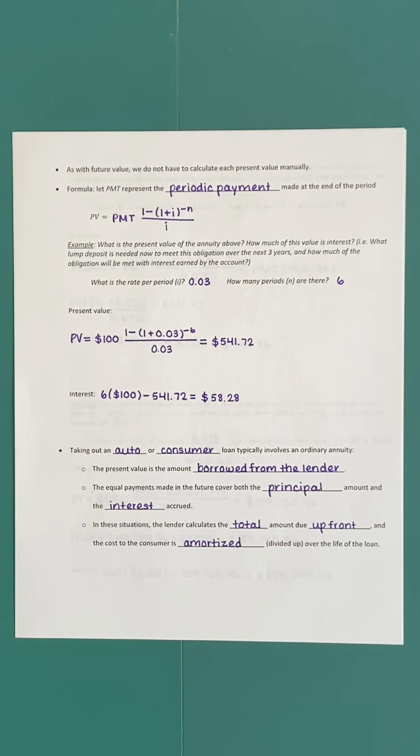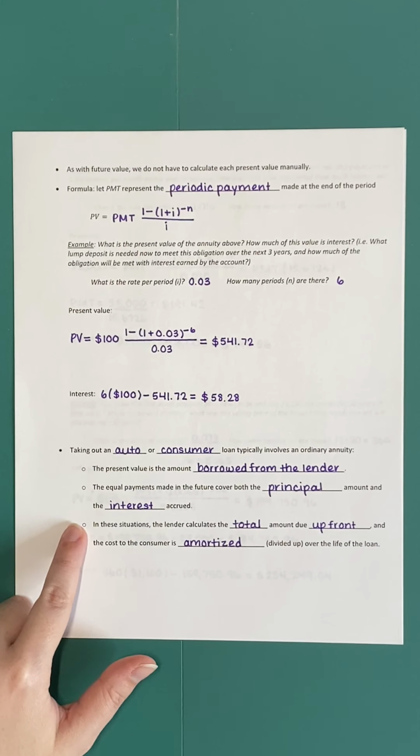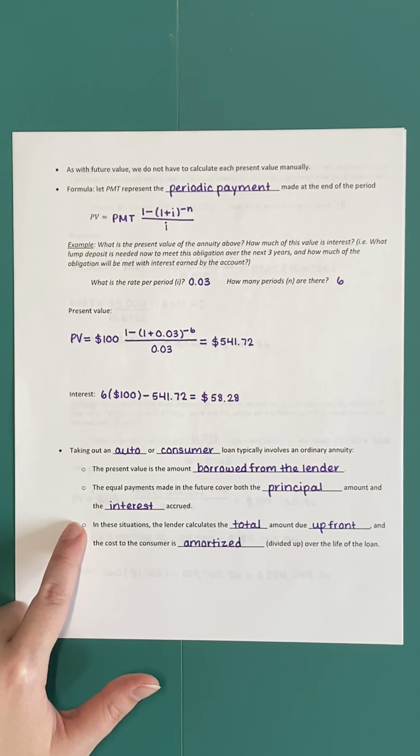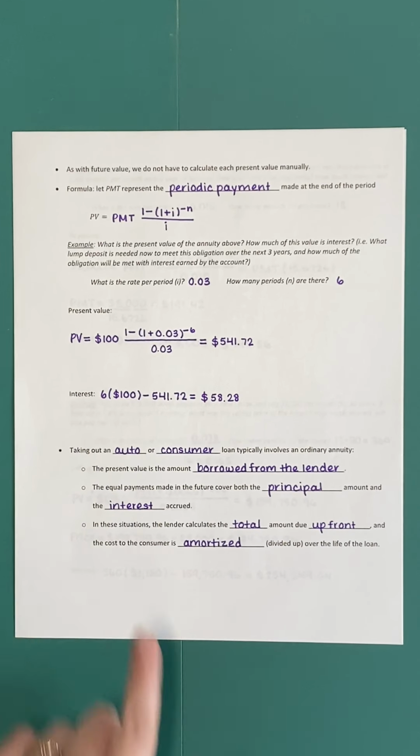They're going to cover both the principal, the present value, the amount you borrowed, and they're also going to cover the interest that your lender is charging you. So the way this actually works behind the scenes, the lender is going to calculate the total amount due up front. They calculate that at the very beginning. And then the cost to the consumer is amortized. It's divided up over the life of the loan.